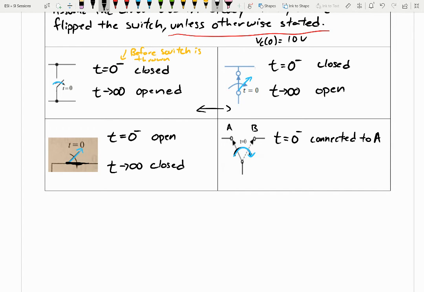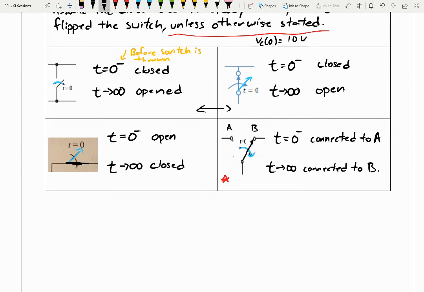Then now this will go away. And this dotted line, which indicates a direction that it will be in, will turn into a solid line. And we are connected to B. So keep an eye out for this one, because sometimes they like throwing a difficult question like this on there.